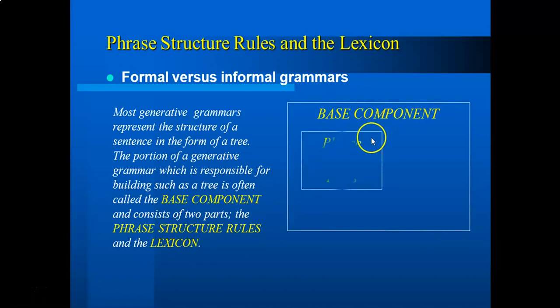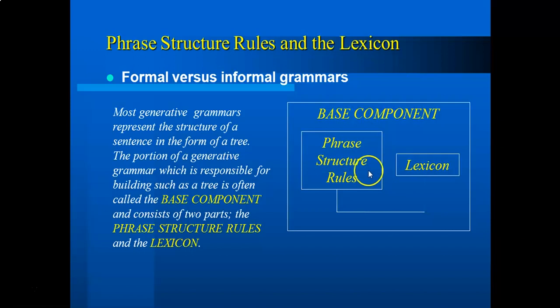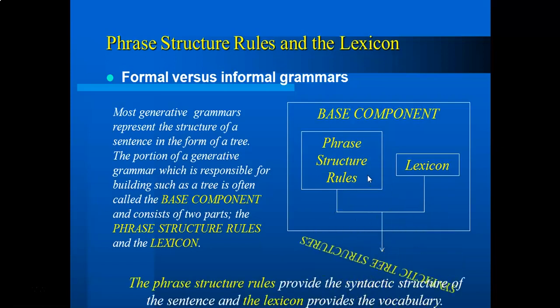Here, the base component: phrase structure rules and the lexicon. NP and VP belong to the phrase structure rules and the words, the lexicon like the driver, belong to the lexicon. The phrase structure rules and the lexicon are combined to make the syntactic tree structures.